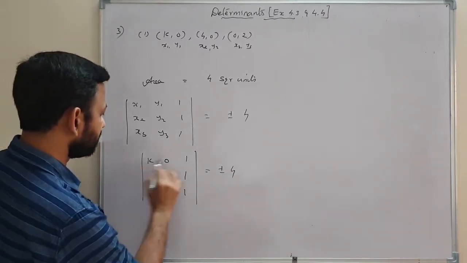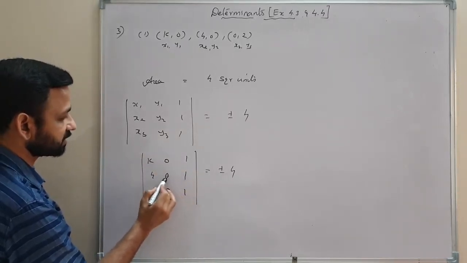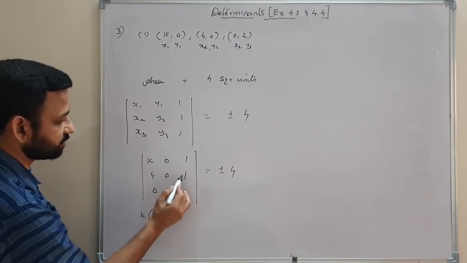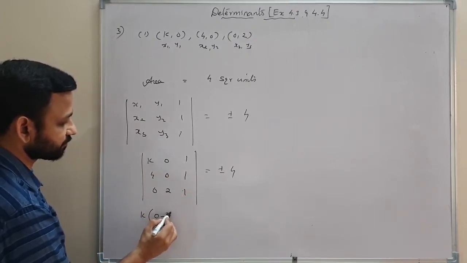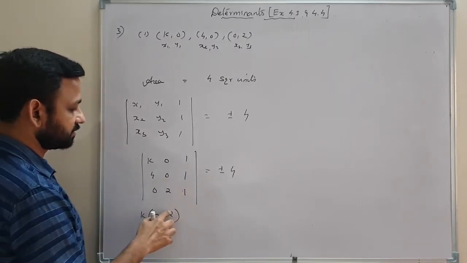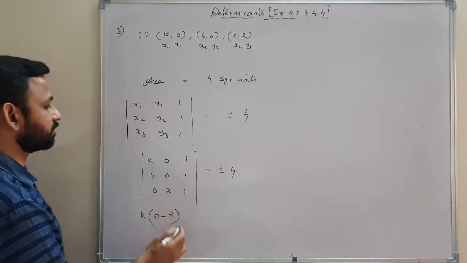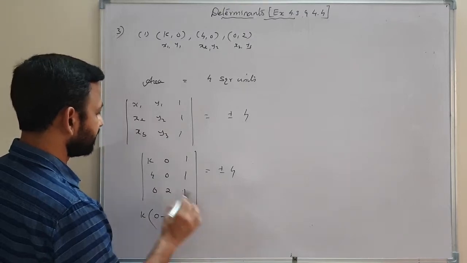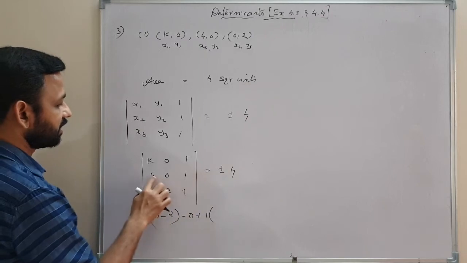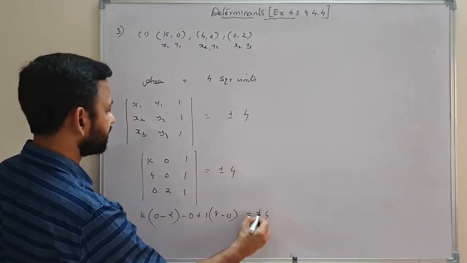If you are using the first row, k into (0 minus 2), that is minus 2, then minus 0 into (0 minus 2), that is completely 0, then plus 1 into (4 into 2 minus 0), that is 8, equal to plus or minus 4.